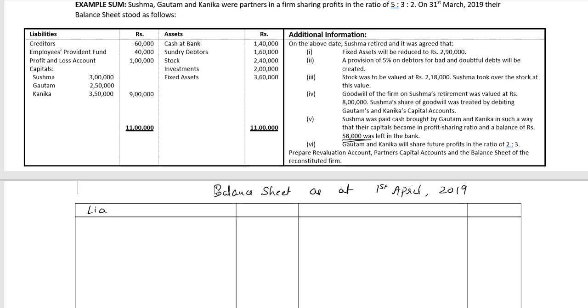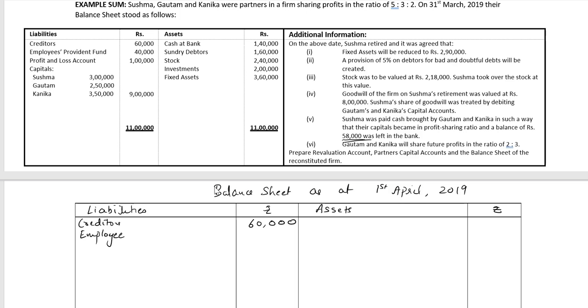On the left side, liabilities. Right side, assets. We'll begin with the liability side items. Creditors, 60,000 rupees. No change in value.